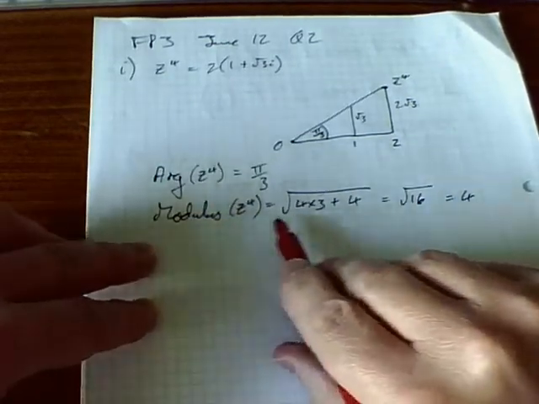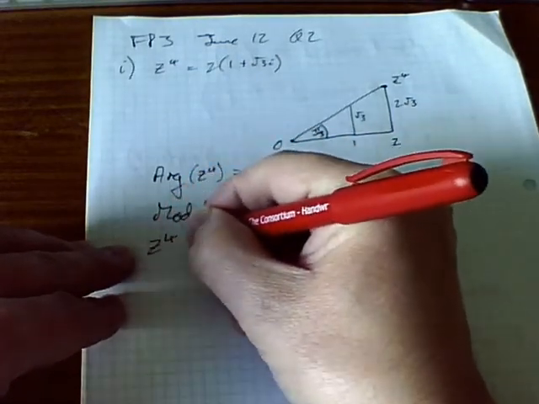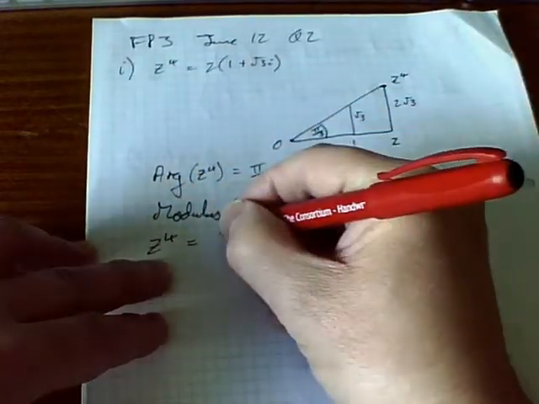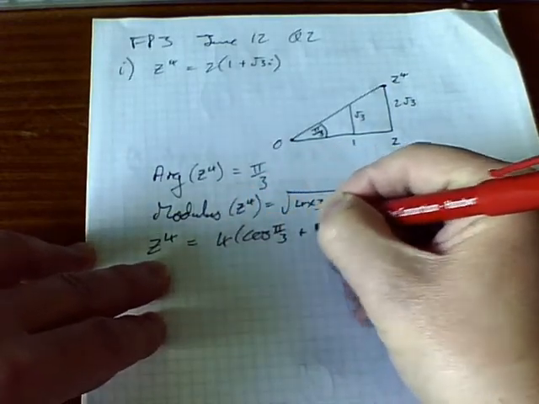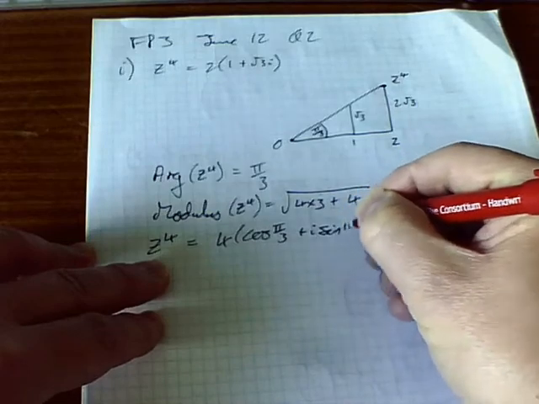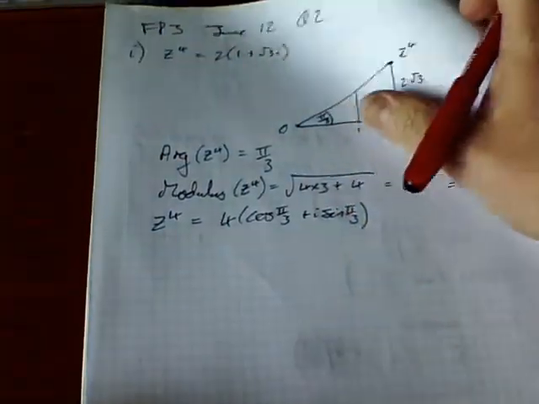So relatively easy to find the modulus there. So in fact we can now express z to the 4 as 4 lots of cos pi by 3 plus i sine pi by 3. And now it's going to be a bit easier to find its roots.